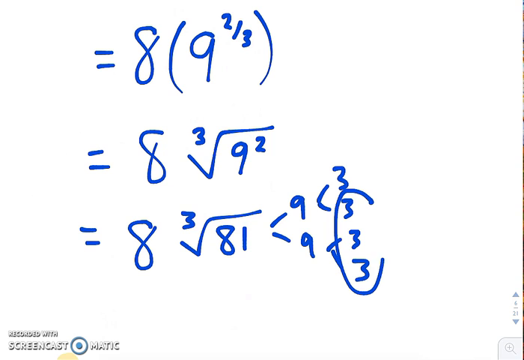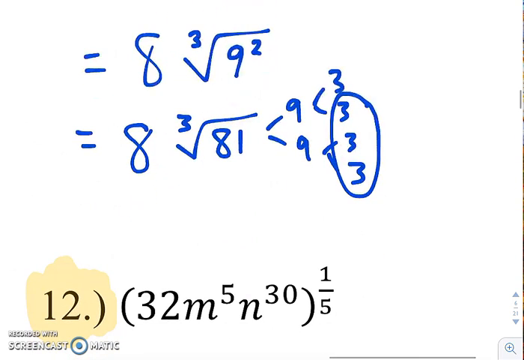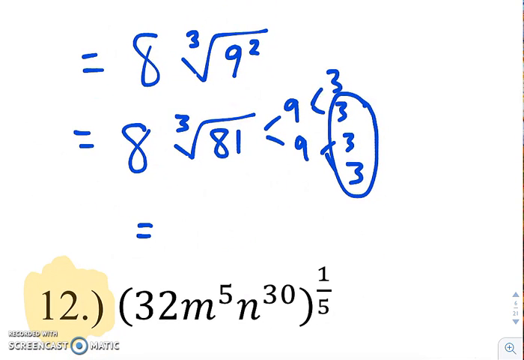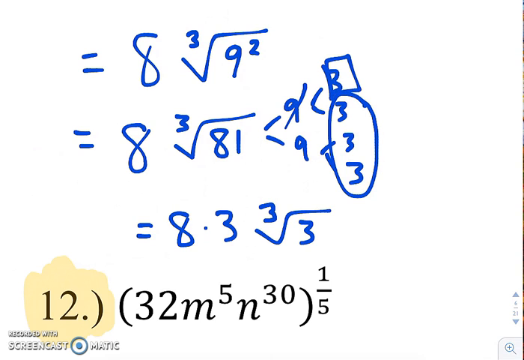So because that perfect cube is in there, I'm going to pull that out and make this 8 times 3 times the cube root of just that single 3 that is left. So this becomes 8 times 3, which is 24. So we've got 24 cubed root 3s.